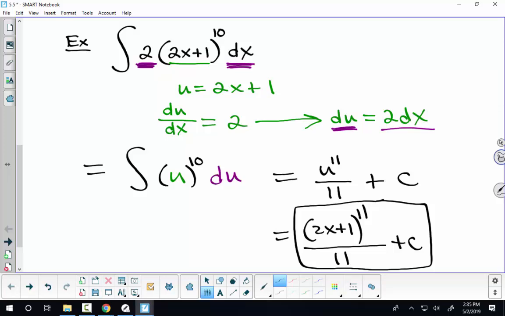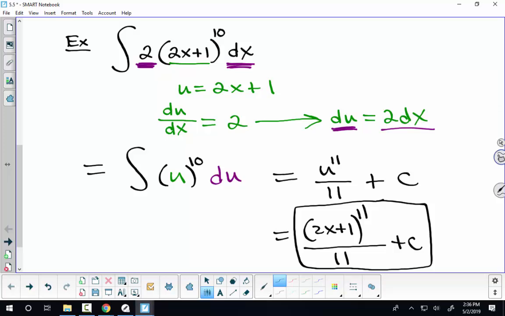Is this 2 that we're looking at, the du over dx, is that where you accounted for the 2, or is that just the derivative of the u? It's both, actually. Since we let u be 2x plus 1, when we took the derivative of u, we just happened to get this 2 as well.